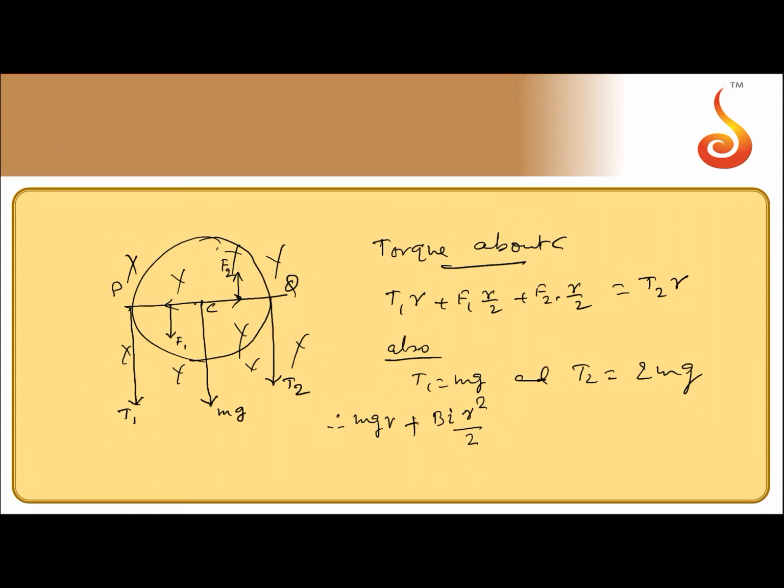Then F2 is again Bi R square by 2, is equal to 2 mg into R.